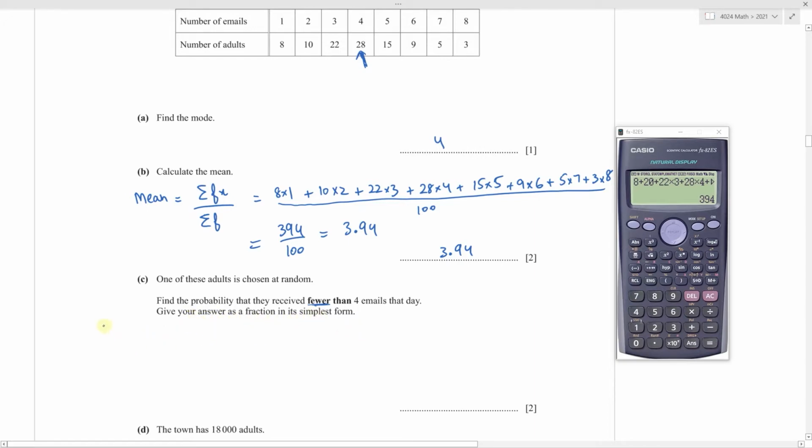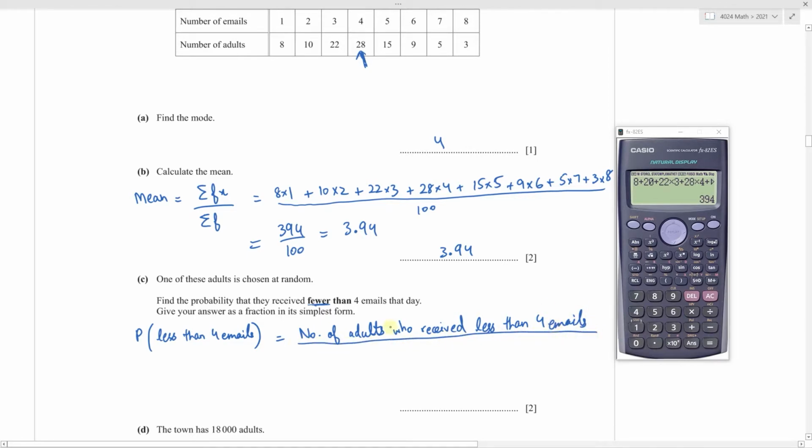So probability that they received less than 4 emails will be number of adults who received less than 4 emails divided by total adults.